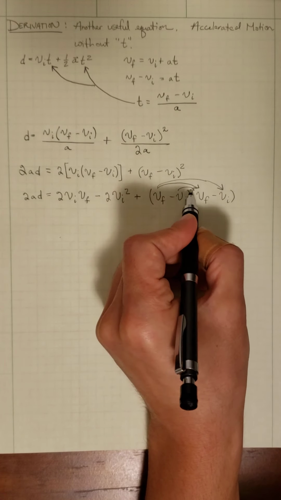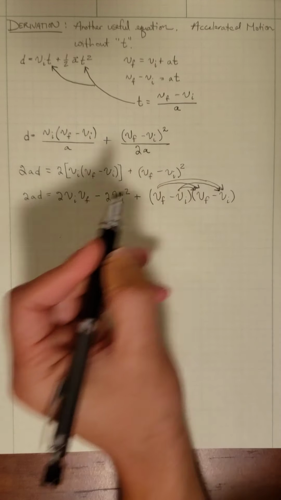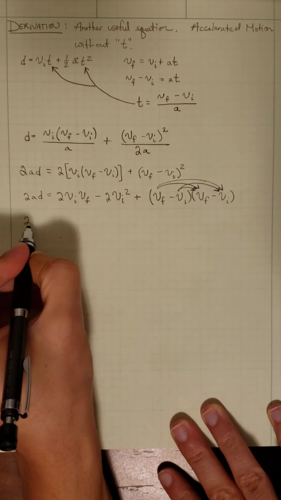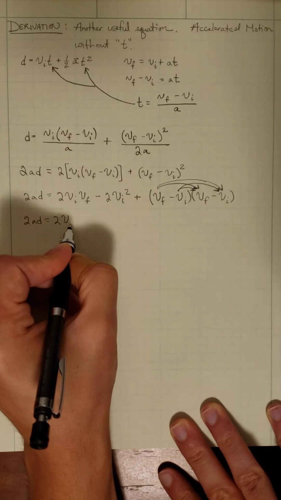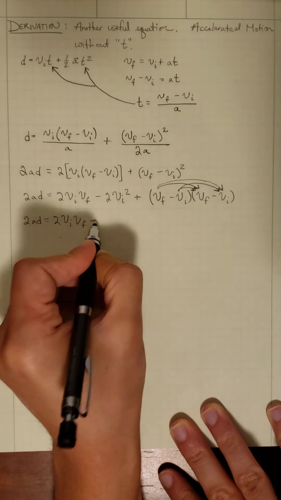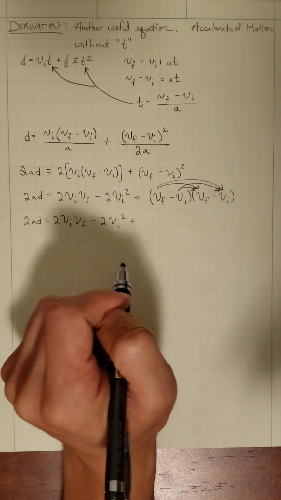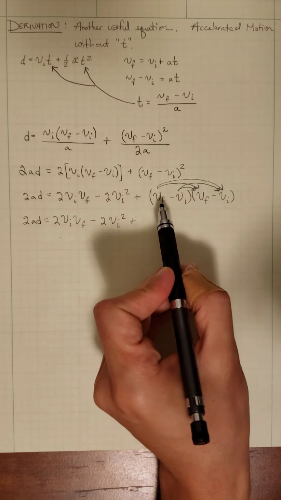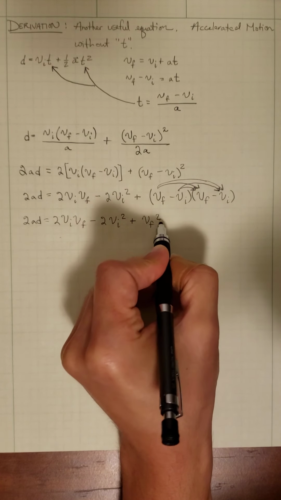You just multiply every combination, right? You remember that stuff? No, you don't. The result of that is we rewrite 2ad equals 2 vi vf minus 2 vi squared plus, we get this times this, vf times vf is vf squared.